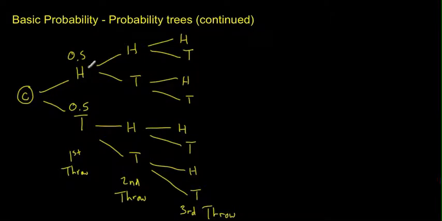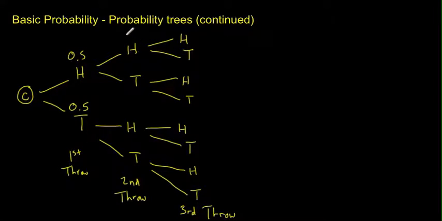What you need to remember is that every time you have a new throw, this is the first throw here, when you have a second throw, your probability for getting a heads or tails on the second throw remains the same. The coin itself has not changed. The fact that it gave you heads here does not change the probability of it giving you another heads again.